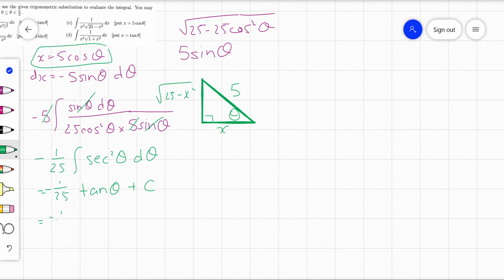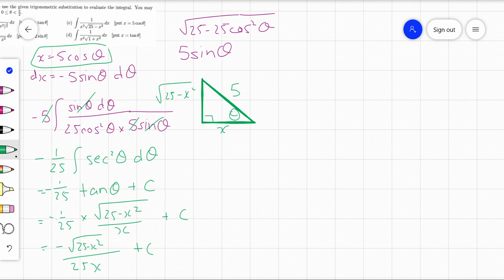So I've got negative 1 on 25, tan theta there, so I've got square root 25 minus x squared over x plus c, and I could just put them together a bit more: negative square root of 25 minus x squared on 25x plus c. So that would be C.